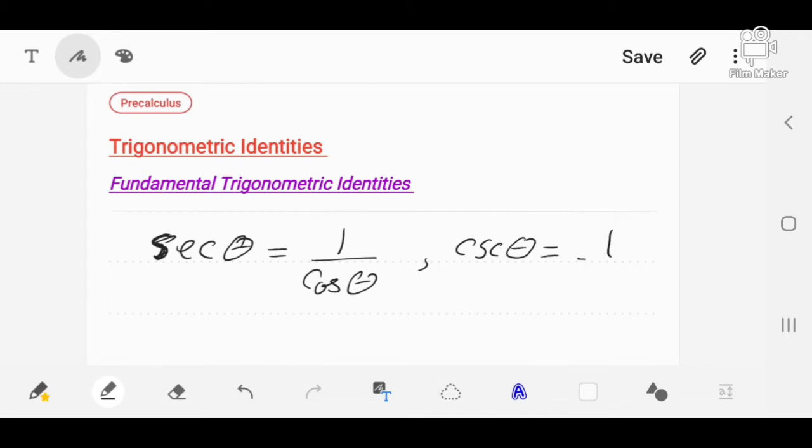What we said was secant of any angle is equal to 1 over... As I said, to remember this, whatever starts with S takes what starts with C, and keep in mind that sine and cosine are the basics. So this will be 1 over cosine theta. And also we said cosecant theta will be equal to 1 over sine theta.